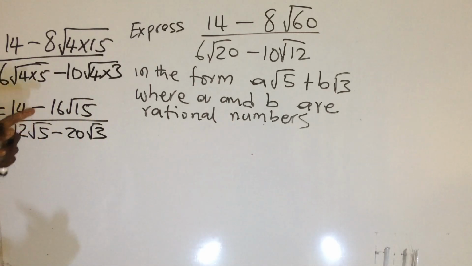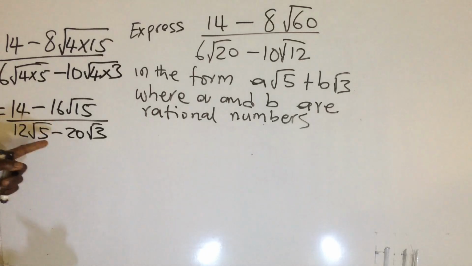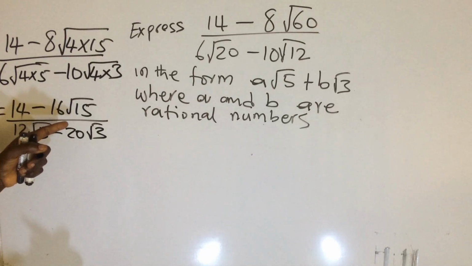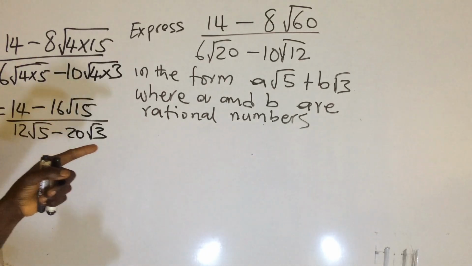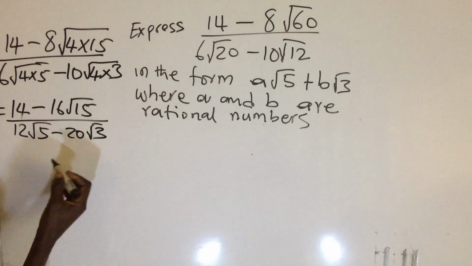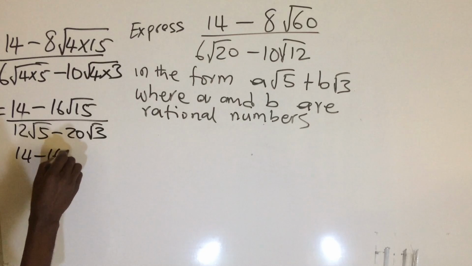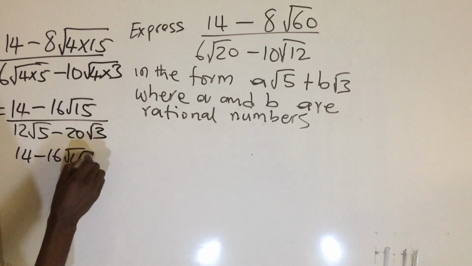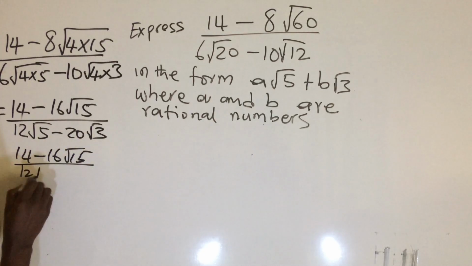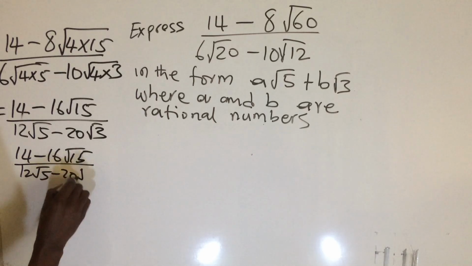After simplifying, this is what we use for our calculation. Now we have 14 minus 16 root 15 all over 12 root 5 minus 20 root 3.